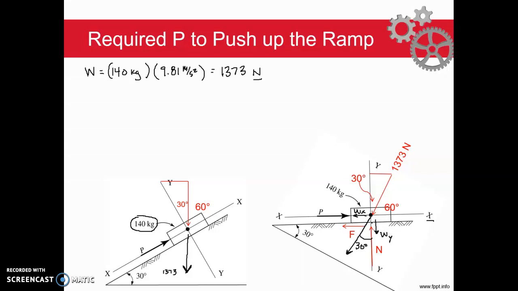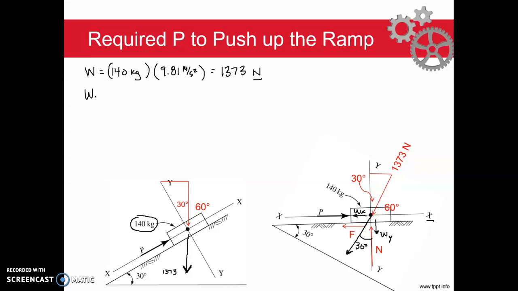So the weight of the box is pushing perpendicular to the surface of the ramp, which is going to cause the normal force, but it's also pushing to the left, down the ramp, which, as I said, depending on what the friction force is, the box may just slide down the ramp all on its own. Whether or not that happens depends on whether or not this x component of the weight is greater than or less than the friction force. So let's determine the x and y components of the weight now.